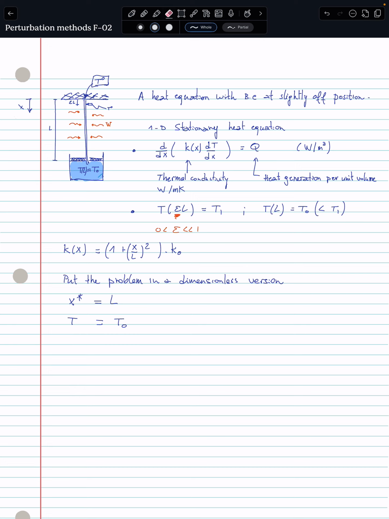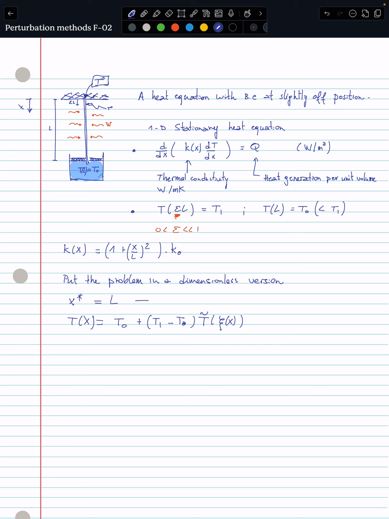I don't want to use a characteristic temperature right away, but I can say that the temperature as a function of x is T0 plus (T1 minus T0), so the difference in the two temperatures, multiplied by a dimensionless version of the temperature, which is going to be expressed as a function of xi, and xi is a function of x.